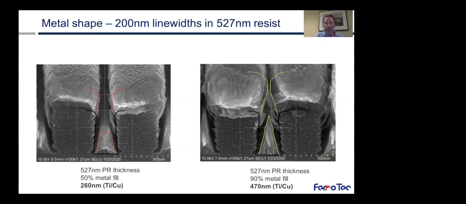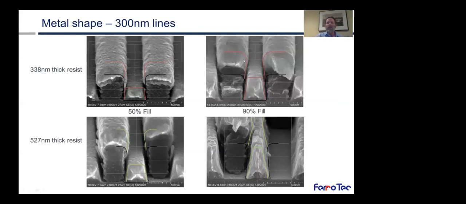Now, if we increase those metal width, those lines a little bit to 300 nanometers with the same thinner resist and thicker resist, once again, adding in our calculated metal deposition profiles expected because of the wafer cleaving artifacts, we can see that on the thinner resist at 50% and 90% fill, as we saw with the 200 nanometer width, we have clean trapezoidal features.